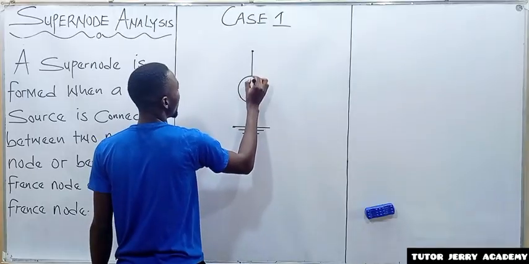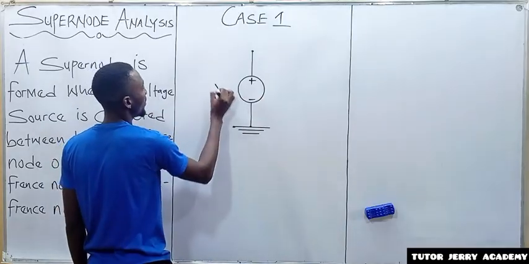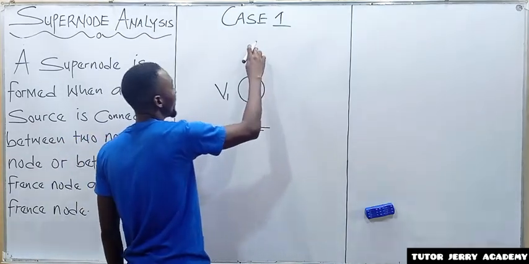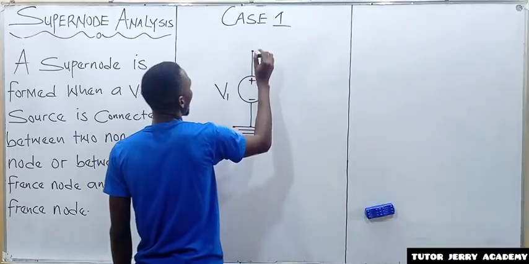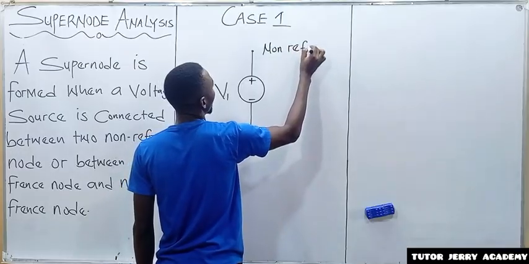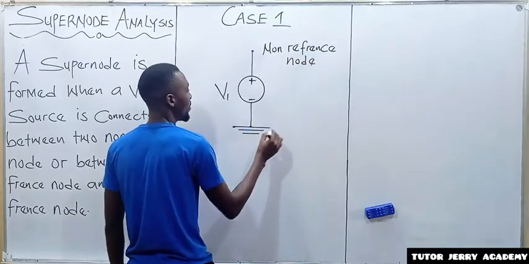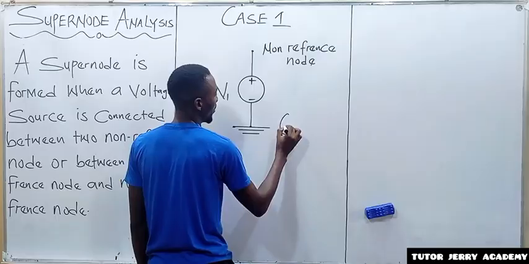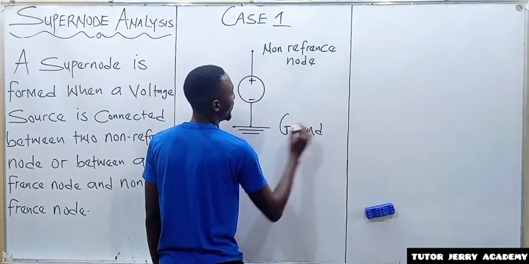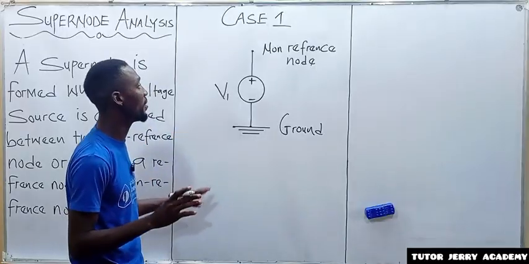This is positive and this is negative. Let's call this voltage source V1. This particular point is a non-reference node. This place is ground, which is the reference node. I hope you know that another name for reference node is ground.